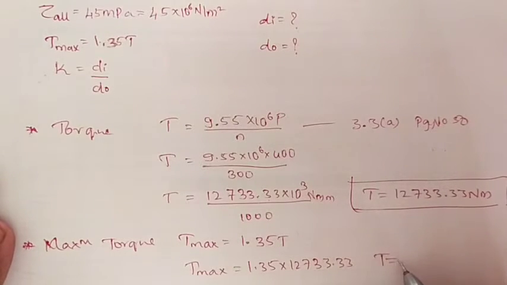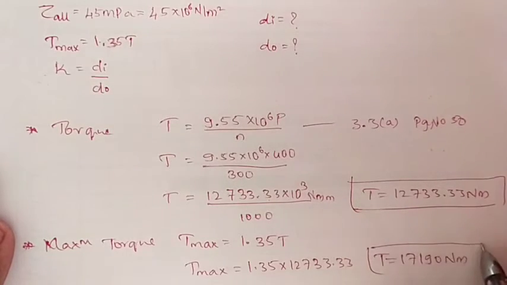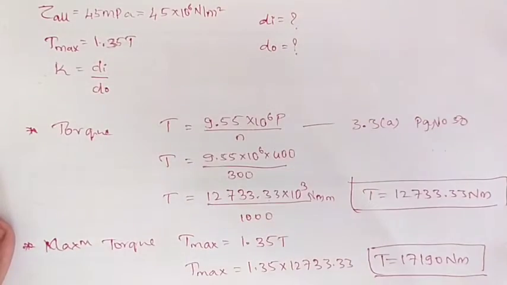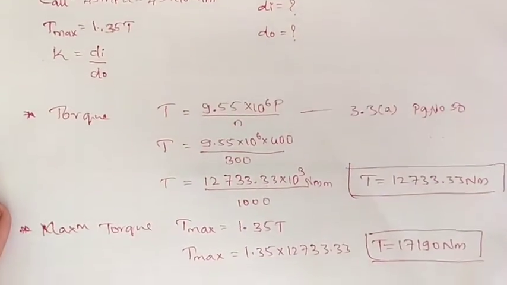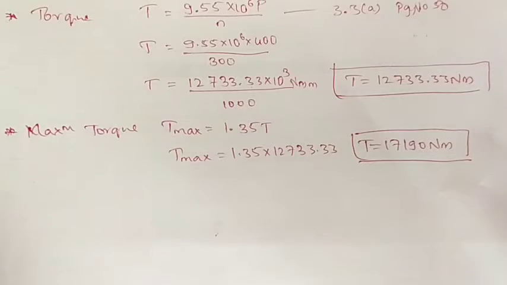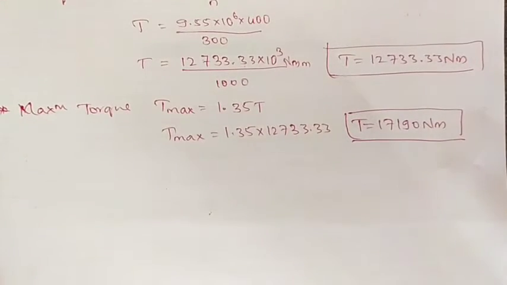When you multiply it by 1.35, this is the value you are getting: 17,190 Newton meter.